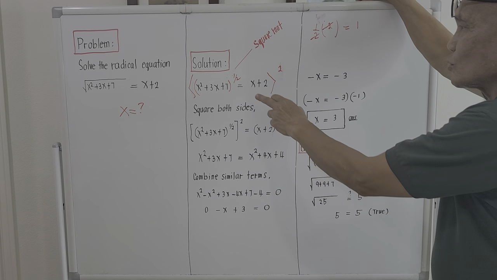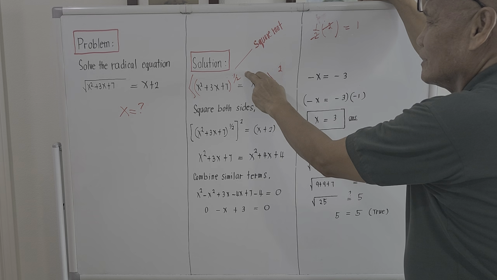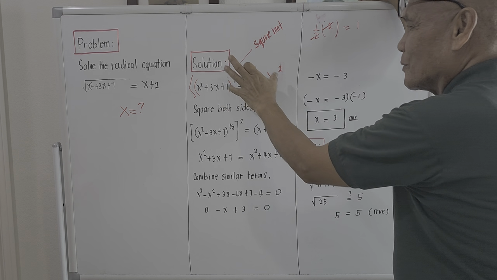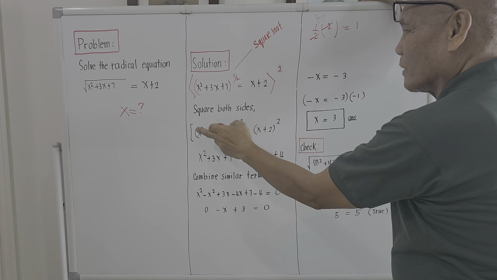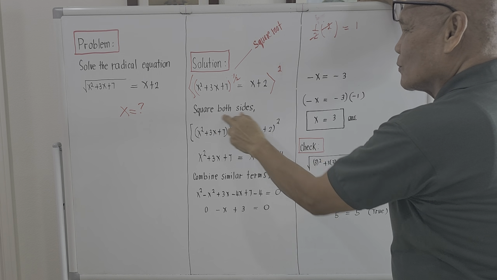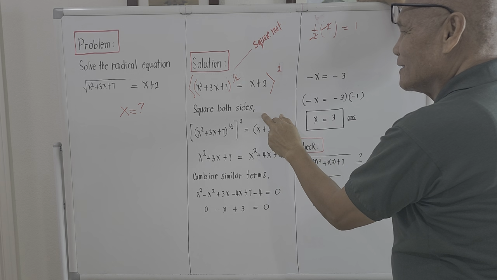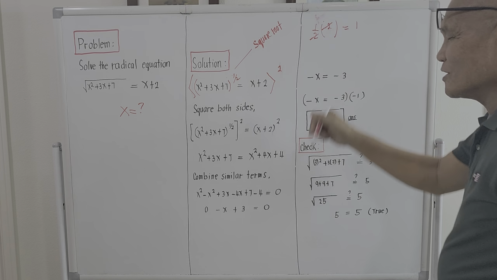So to eliminate this 1/2 on the left hand side, we have to raise the left hand side to the second power, or simply square both sides. Right? So it is this now.